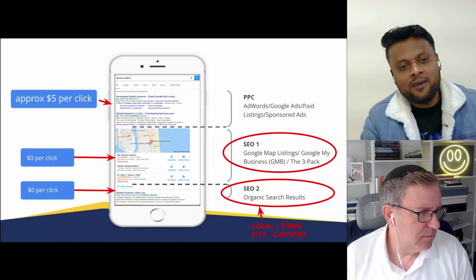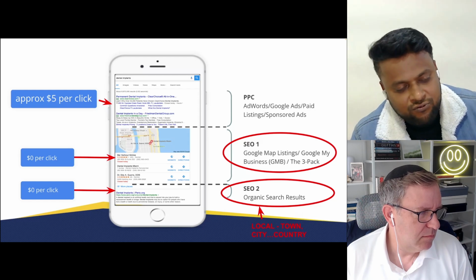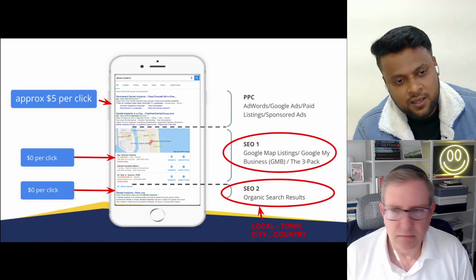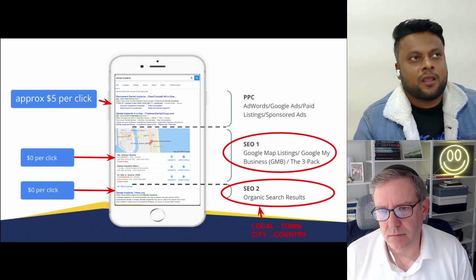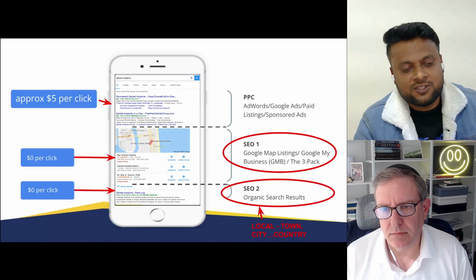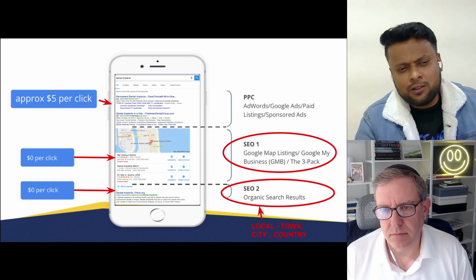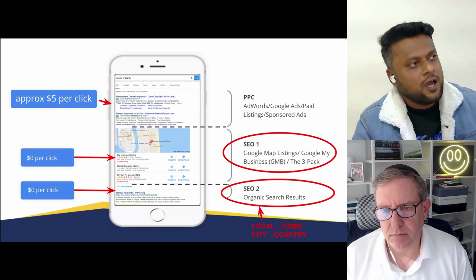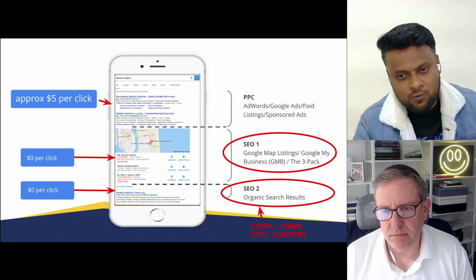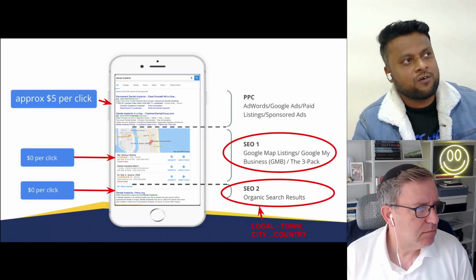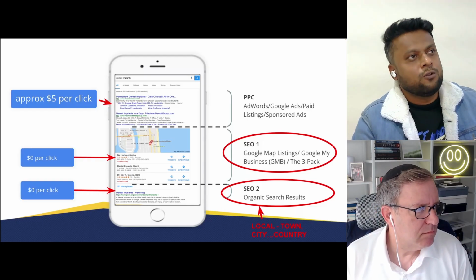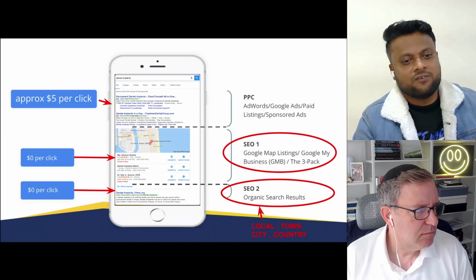Now, why are Google Map listings or the 3-pack really important? Because we, as a patient tentatively looking for a dental procedure, would probably look for a dentist close to where we live. That is where we look for our comfort, which is to look for dental offices in our vicinity.